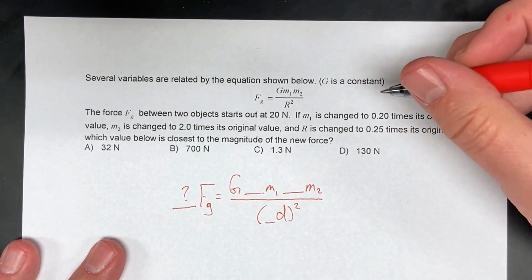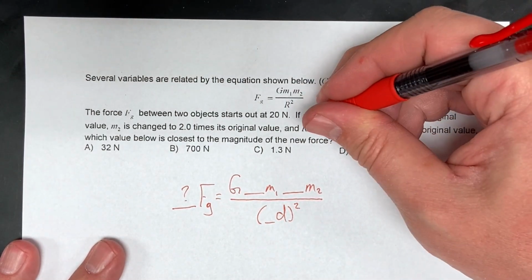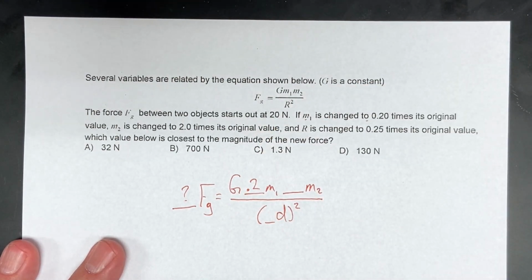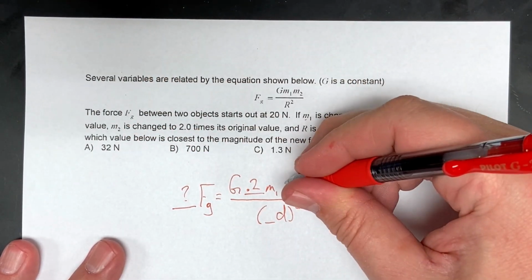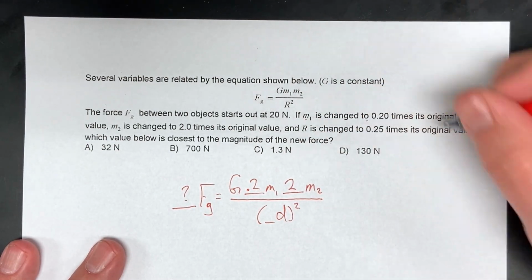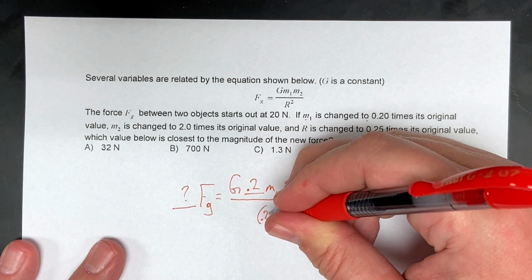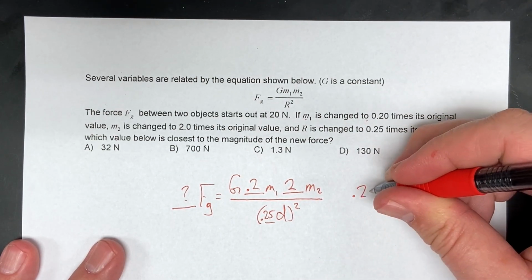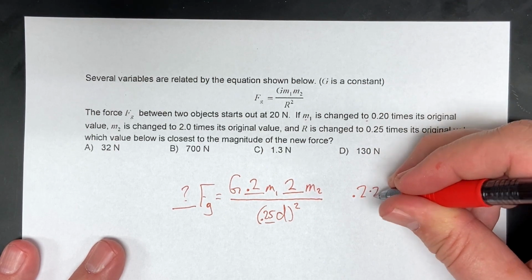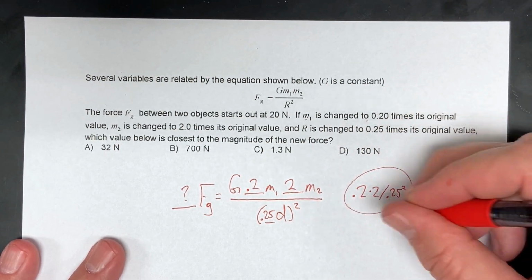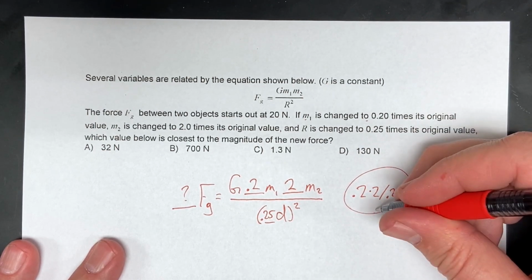So let's look at that. It says M1 is changed to 0.2 times its original. M2 is doubled. And R is changed to 0.25. So my new value is going to be 0.2 times 2 divided by 0.25 squared. The change that's happening, I'm going to plug into my calculator.